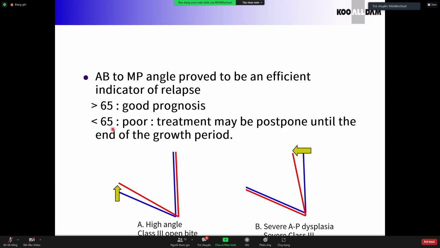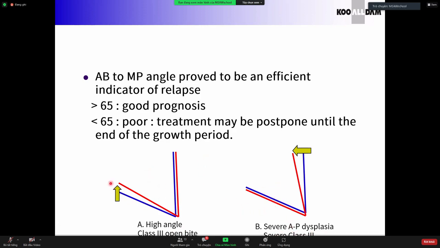What does it mean if the AB to mandibular plane angle is lesser than 65? High angle class 3, high angle class 3 open bite case. Second group is severe anterior posterior dysplasia, severe class 3 malocclusion.